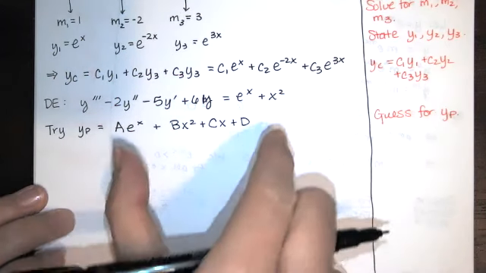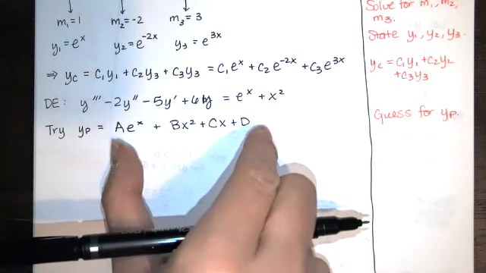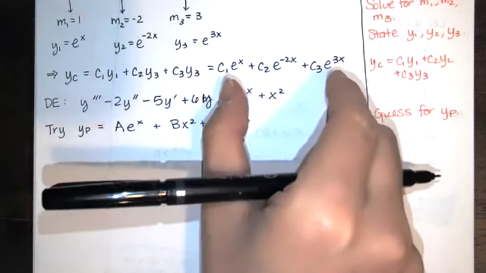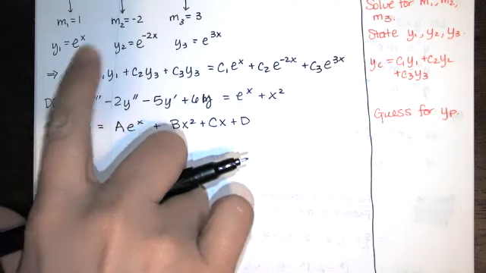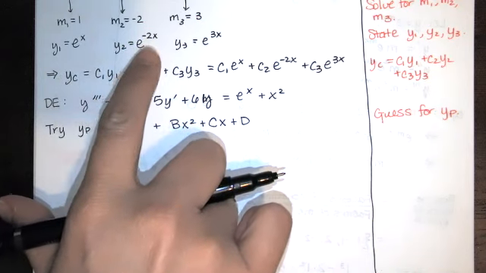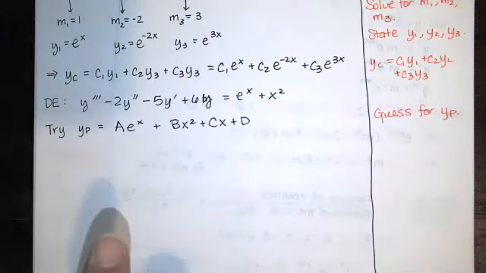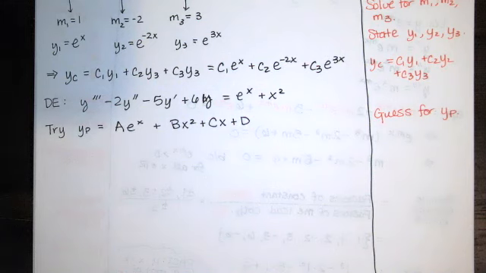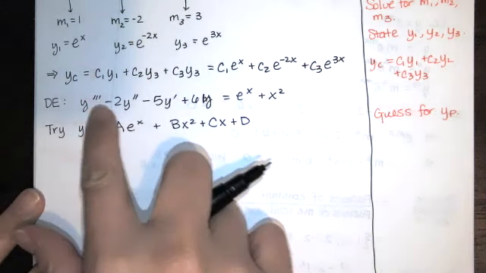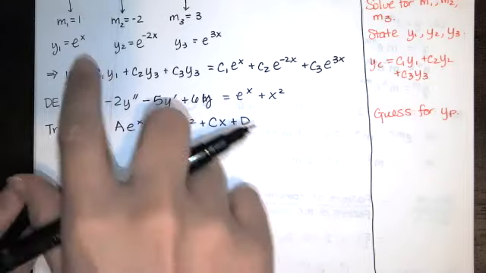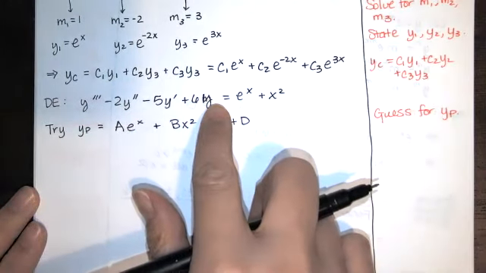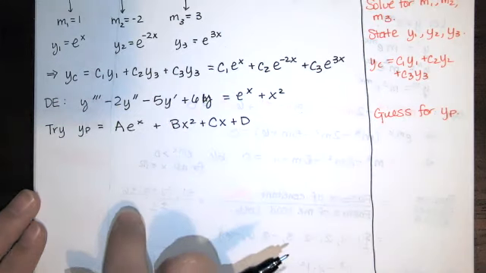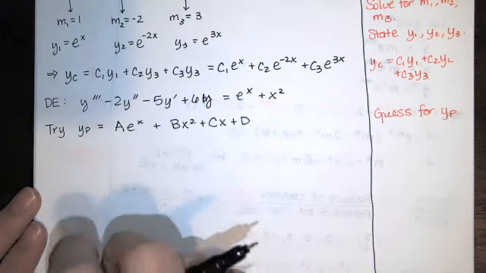Okay, now before we try this, we should compare this guess to y sub c. Because remember, e to the x is a solution, e to the negative 2x is a solution, and e to the 3x is a solution, all three of those are solutions of the corresponding homogeneous equation. So if I take any one of those and I substitute into the left-hand side, I'm going to get 0 because they're solutions to the homogeneous equation.